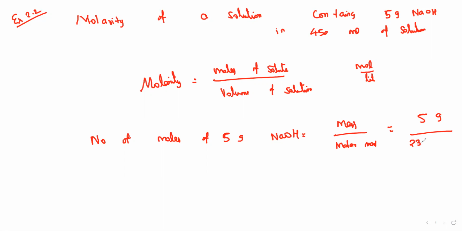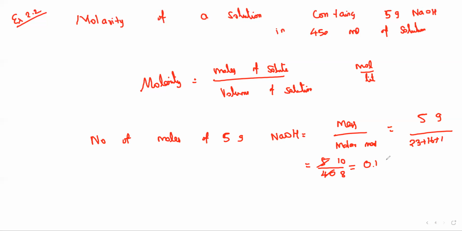The mass number would be actually 22, but if you speak exactly, it is 23. For oxygen it is 16. For hydrogen it is 1. So you can calculate: 23 plus 16 is 39, plus 1, 40. So 5 by 40, that you can calculate, right? If you cancel it, it is 1 by 8, that is 0.125.